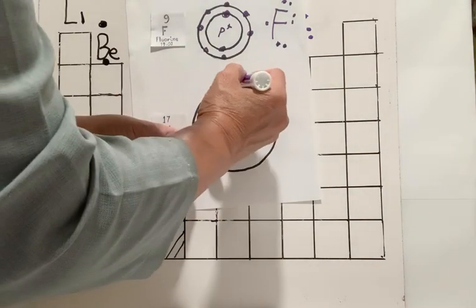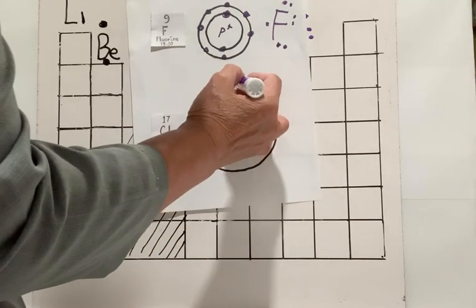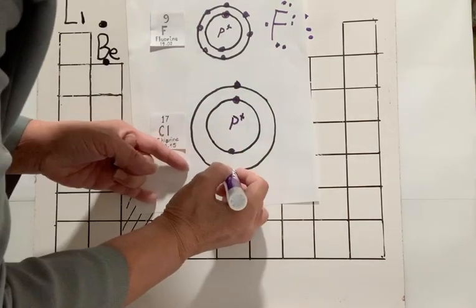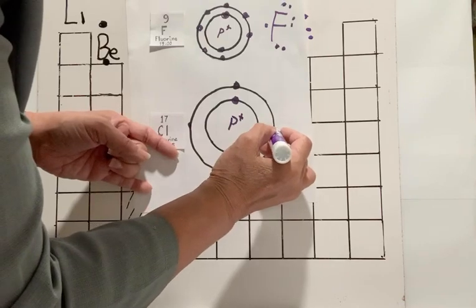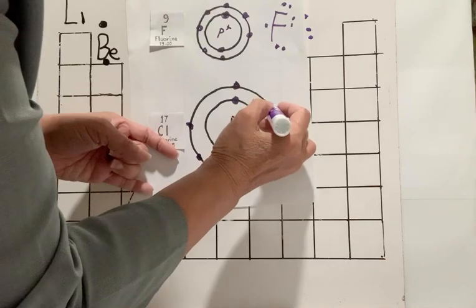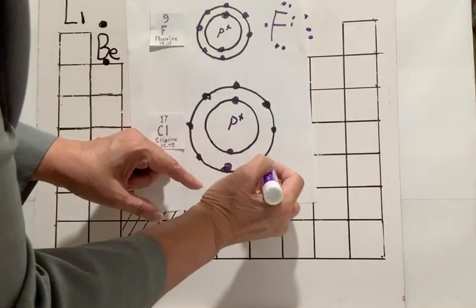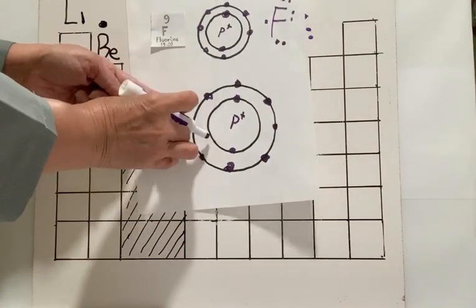Therefore, the second energy level can hold only 8. So 1, 2, 3, 4, 5, 6, 7, 8. So 2 plus 8 is 10.